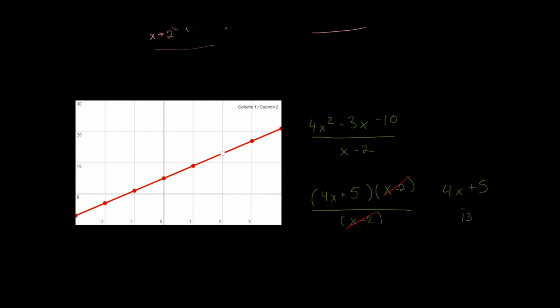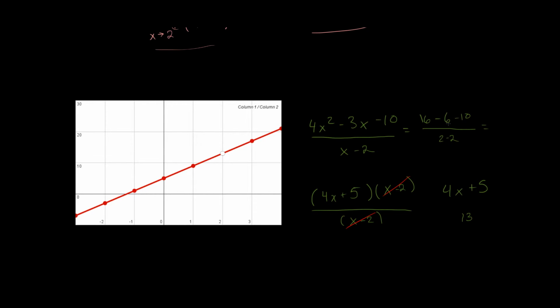Just kidding. What happens if we plug 2 in here? Well, if we plug 2 in here, then we get 2 squared is 4, times 4 is 16, minus 3 times 2 is 6, minus 10, over 2 minus 2.